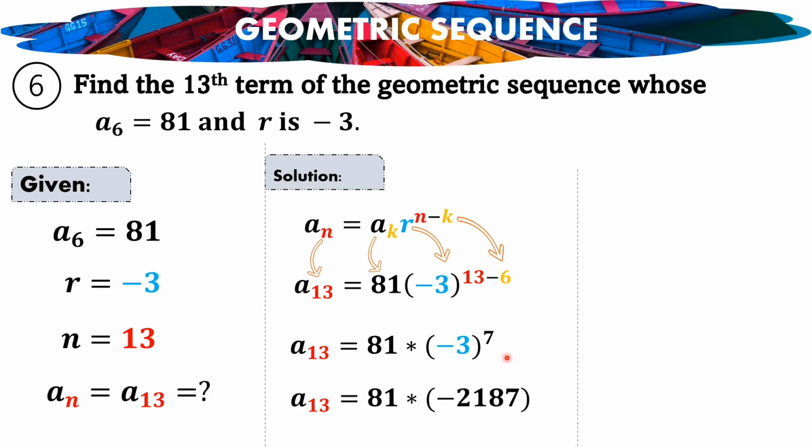So a sub 13 equals 81 times negative 2,187. Therefore, a sub 13 is negative 177,147.